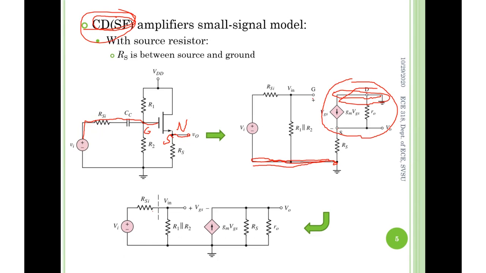So the source and the gate, I'm dragging them into a line, so they become along the same line, and they're aligned. Any questions regarding this circuit change?